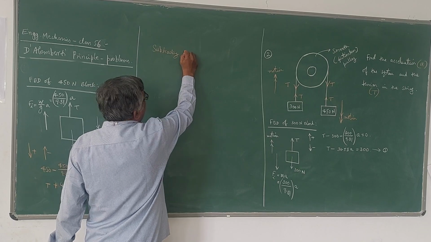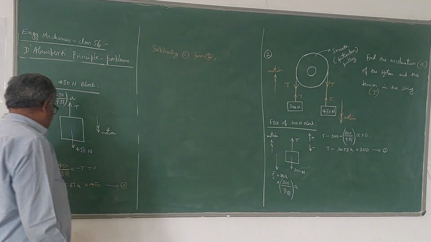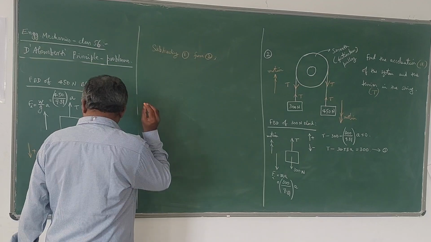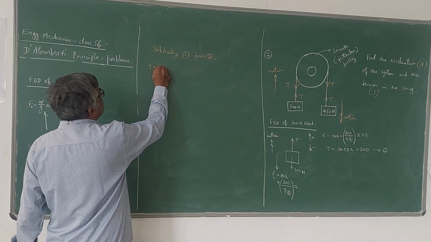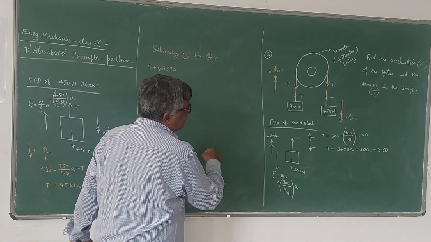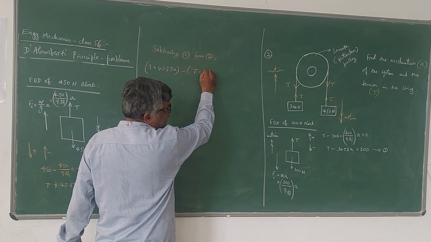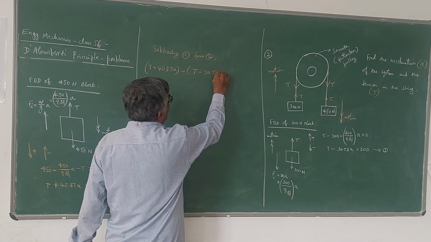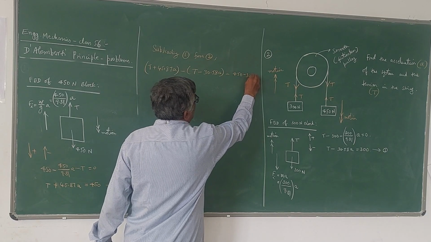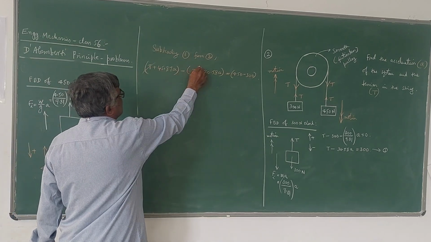So I have to subtract the LHS quantities: T plus 45.87A, minus of T minus 30.58A, is equal to 450 minus 300. So LHS minus LHS, RHS minus RHS. This T gets cancelled.